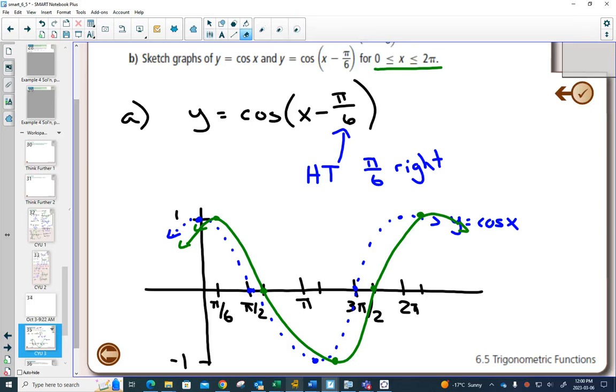I should take out an eraser, erase everything left of 0, erase everything right of 2 pi, and this is how I should end it without arrowheads on it. Just endpoints here and here and stop. Okay?